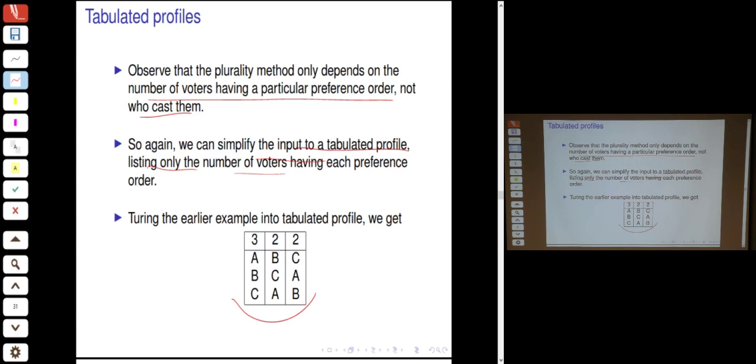For a tabulated profile for 2 candidates, we just calculate for each candidate how many votes he got. For more than 2 candidates, instead of individual candidates, we will work with preference profiles, and for every preference profile we will tabulate how many voters in total cast their votes in favor of that particular preference profile.